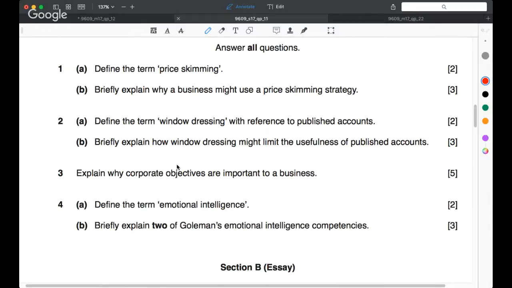It's a pricing strategy. I guess it's mostly used with new products, and it allows you to skim off the cream of customer segments.